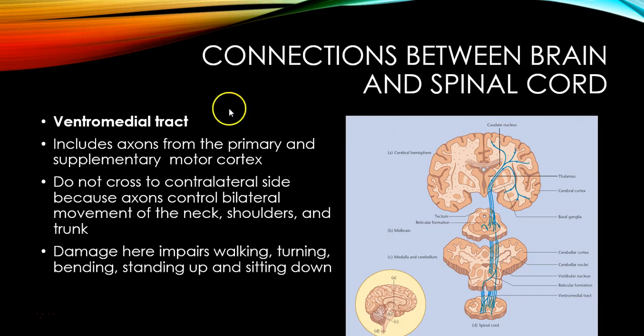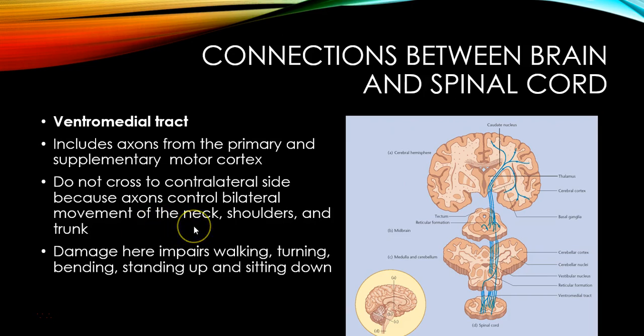The ventromedial tract consists of axons from the brain to the muscles, and those include axons from both primary and supplementary motor cortex. These axons actually do not cross to the contralateral side. They come from the brain and stay on the same side because these are axons that control bilateral movements. You can't move one side without the other.